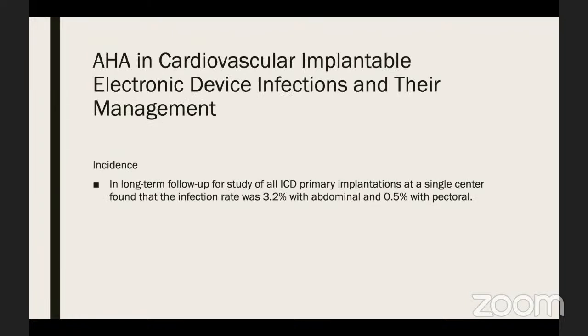In the American Heart Association statement on cardiovascular implantable electronic device infection, regarding the incidence of device infection in long-term follow-up, a study conducted in a single center found that the infection rate was 3.5% with the abdominal and 0.5% with the pectoral approach.